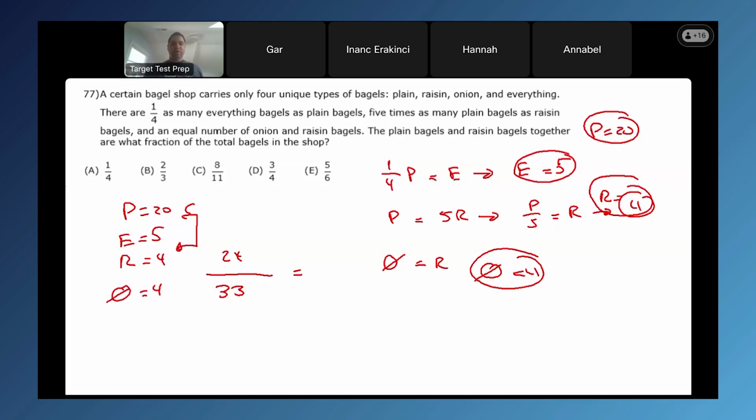So 3 goes in this 8 times, 3 goes in this 11 times. It's going to be 8 over 11, which is answer C. Now, did you guys, yeah, it looks like you guys did something similar. Is that right? Because it's a very, very good way to deal with this question for sure.